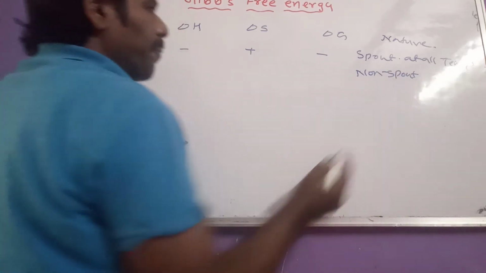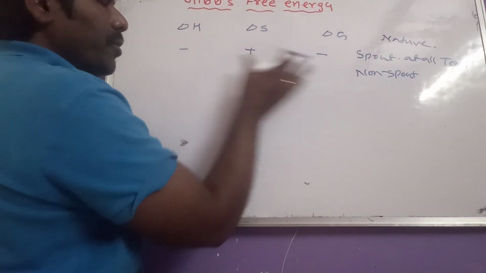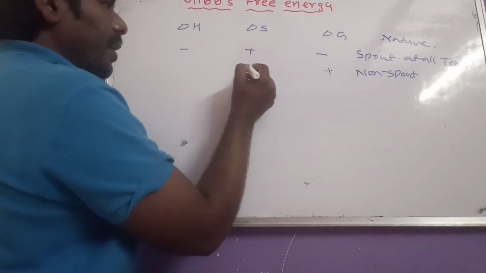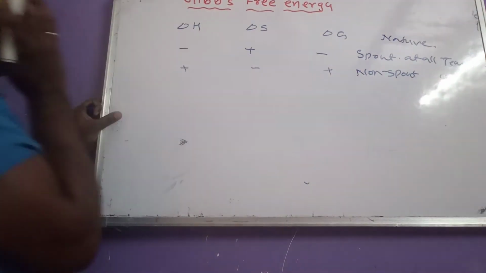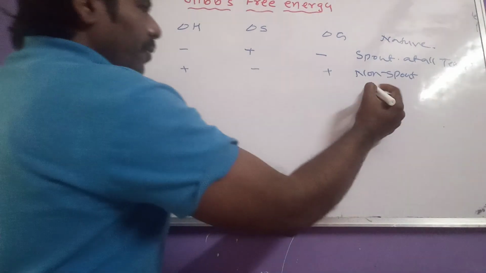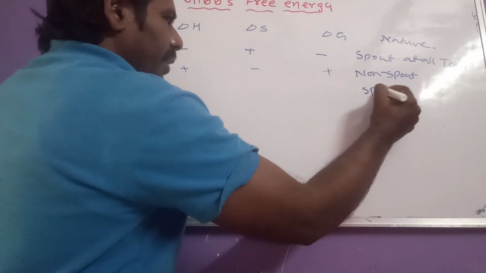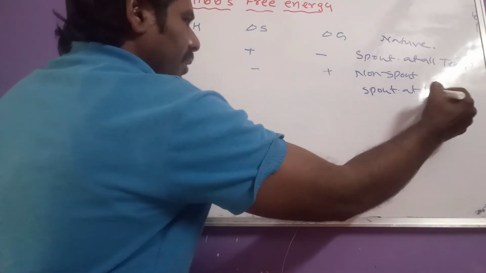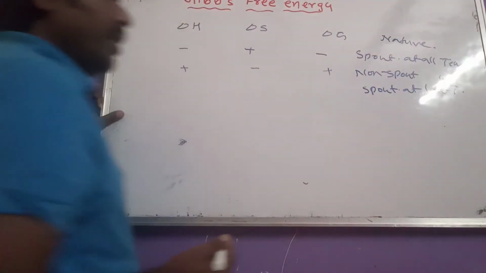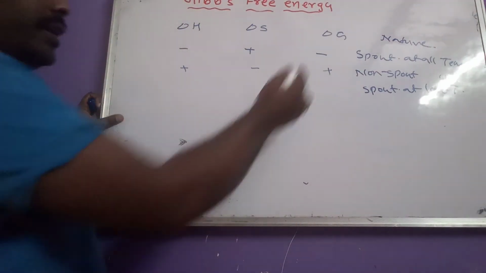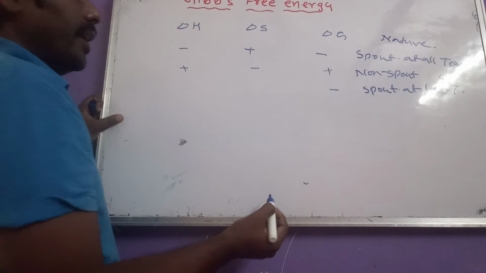Second, non-spontaneous at all temperatures, which is exactly opposite to the first one: plus, minus and plus. Third, spontaneous at low temperature. Spontaneous means delta G is negative.